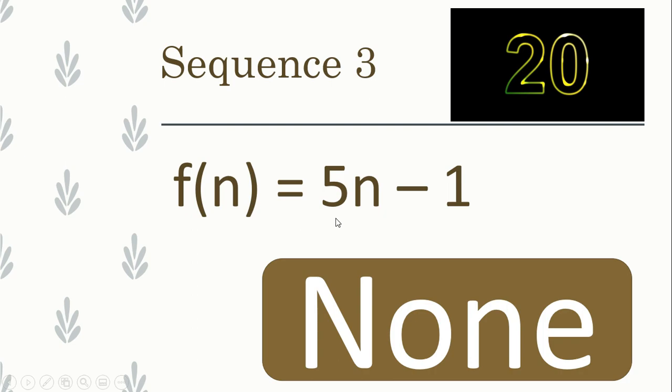When n is 3, 5 times 3 is 15, minus 1 is 14. So, if you analyze the pattern or the rule, all the terms generated by this function or rule end with either 4 or 9.